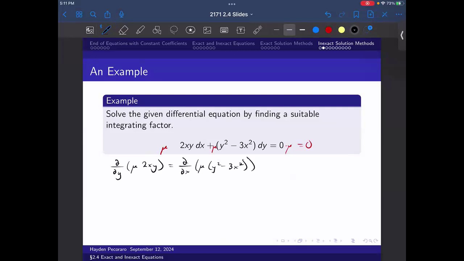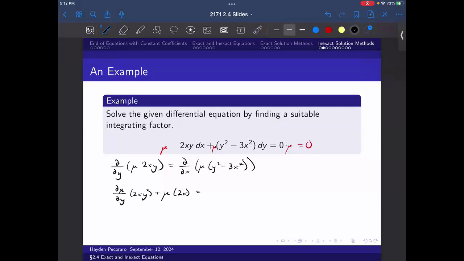Okay, and so what do we do here? Well, I'm gonna have to use some product rule. So product rule on the left side, mu is a function of y. We'll think d mu dy times 2xy plus mu times the derivative of the other part with respect to y. It's 2x.